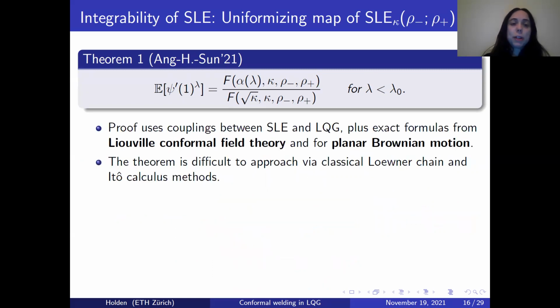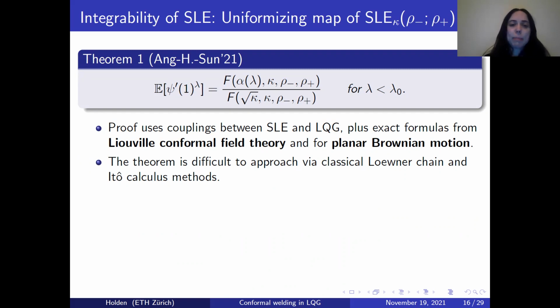So as mentioned before, the proof is based on couplings between SLE and LQG. And in addition, we're using exact formulas from Liouville conformal field theory, and also exact formulas for planar Brownian motion. In most literature where one proves exact formulas for SLE, the proof is based on Ito calculus methods, using a definition of SLE via Loewner chains.